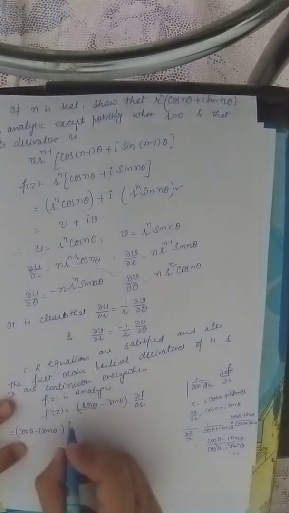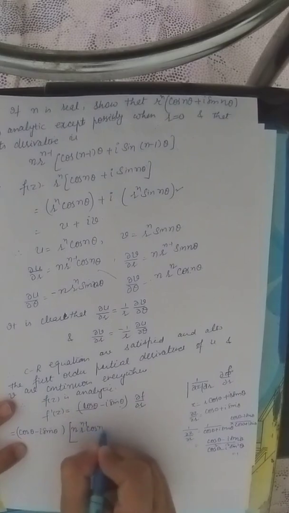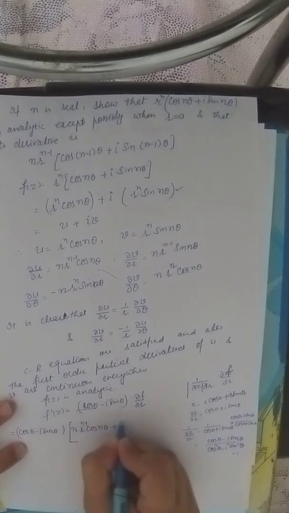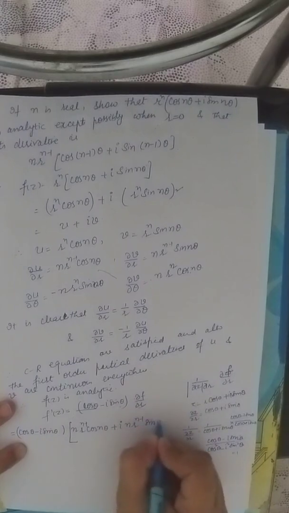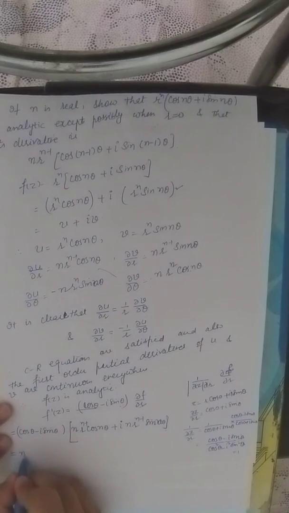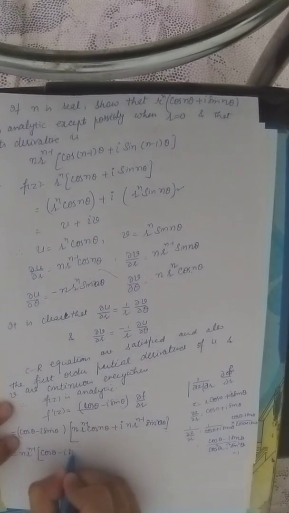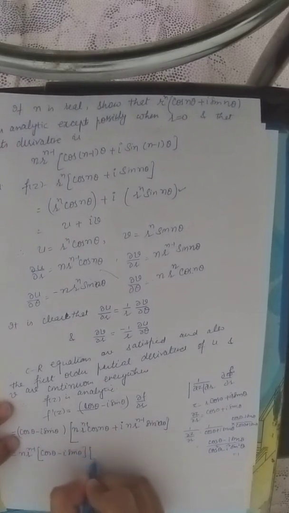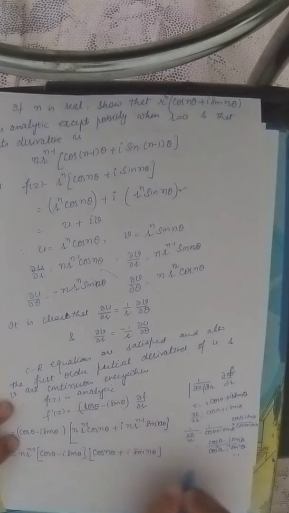F is this, so it will be n r power n minus 1 cos n theta plus iota n r power n minus 1 sin n theta, or equal to n r power n minus 1 outside, into cos theta minus iota sin theta into cos n theta plus iota sin n theta.